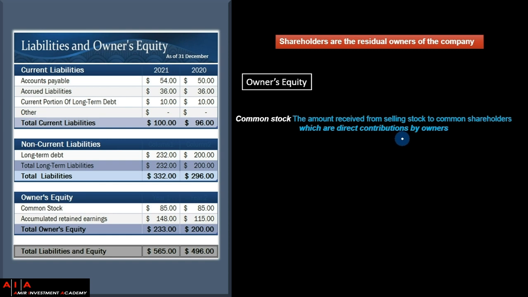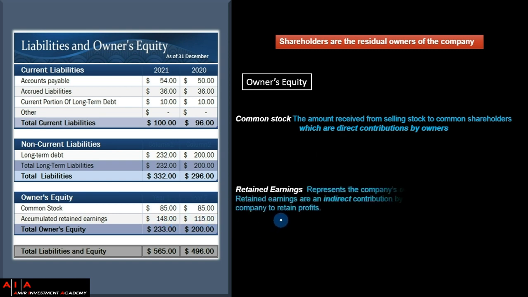When the shareholders buy those common stocks from you, they become part owners of the company. That's why the amount that you received from selling the stock to common shareholders is a direct contribution by owners. So that's one way. Now, the second way is through the accumulated retained earnings.